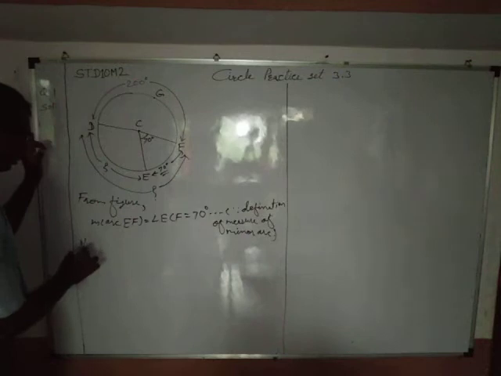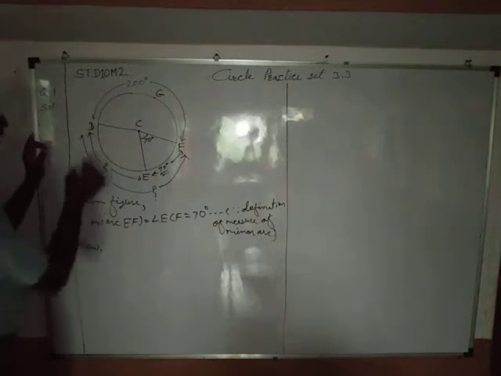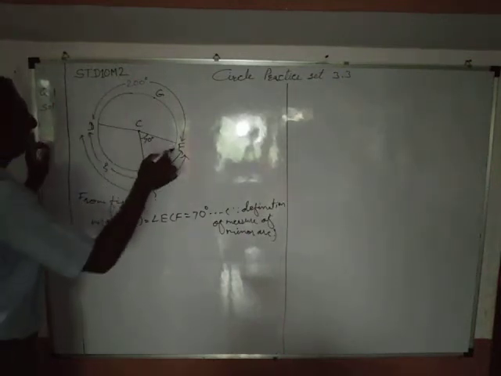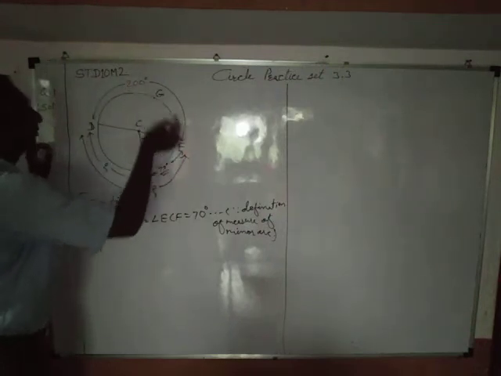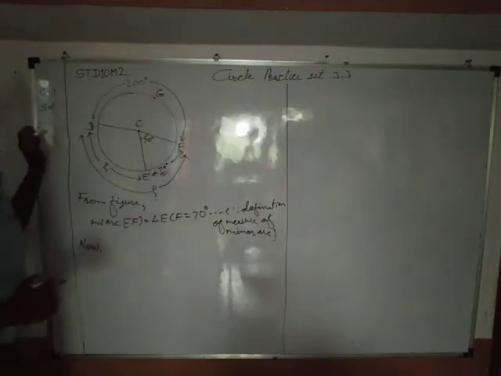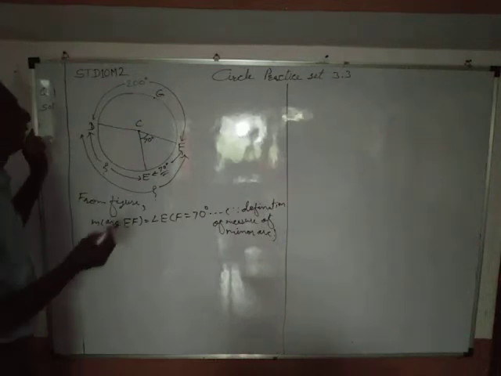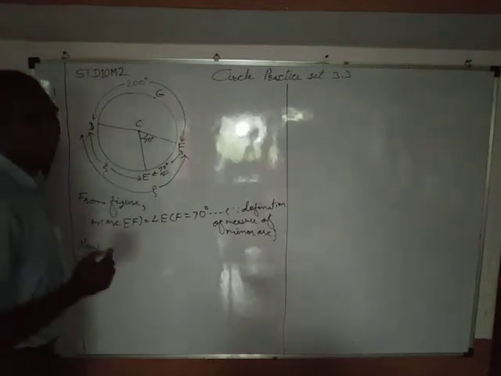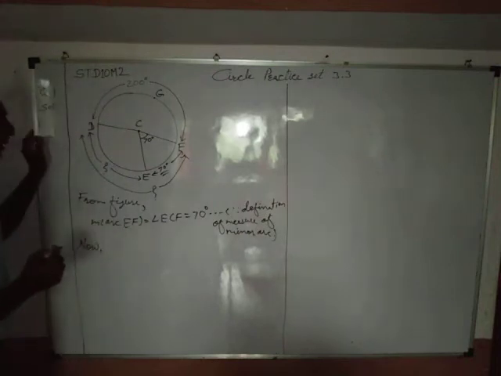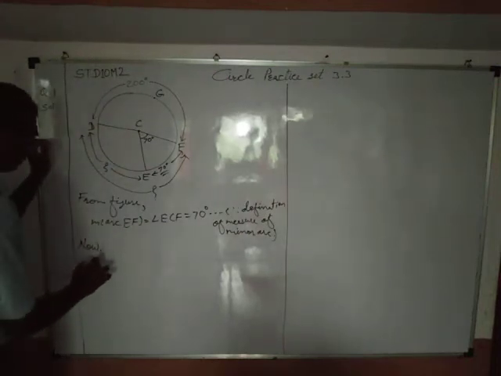Now arc DE, arc EF and arc DGF complete a circle, and we know that the angular measure of a circle is 360 degrees. Let's apply the arc addition property here.